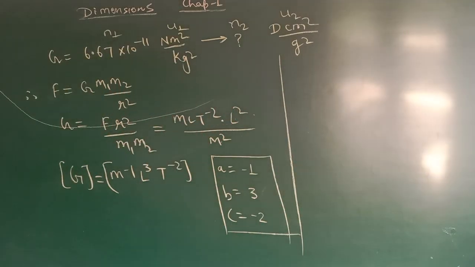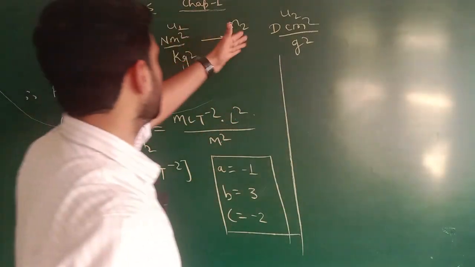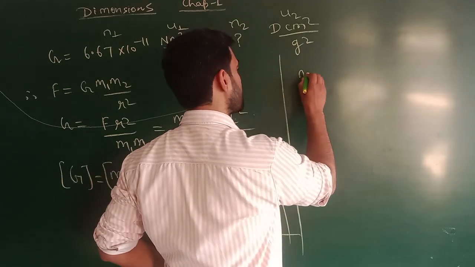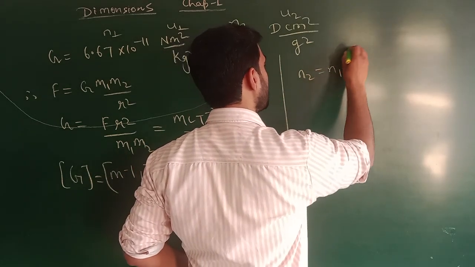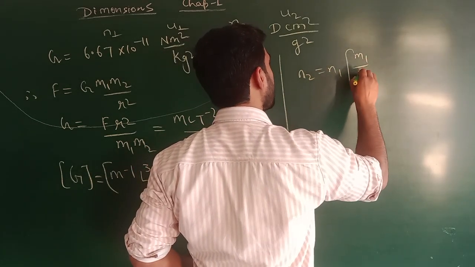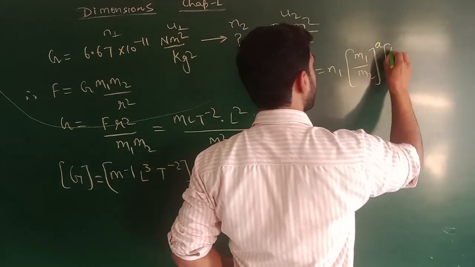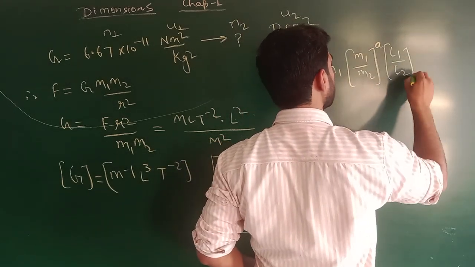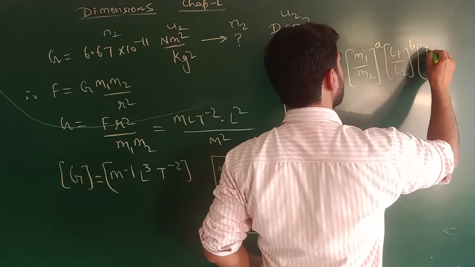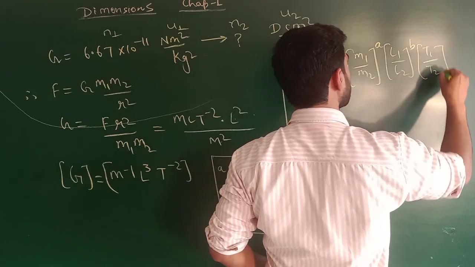Now let's convert this from SI to CGS. So let's apply the formula N1 multiplied by M1 divided by M2 power A, L1 divided by L2 power B, T1 divided by T2 power C.